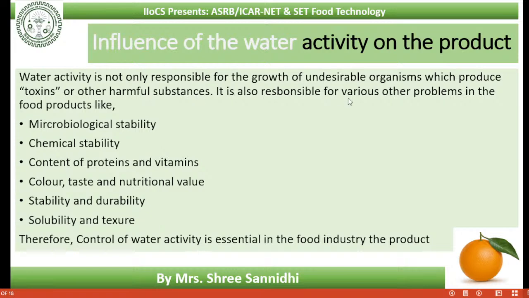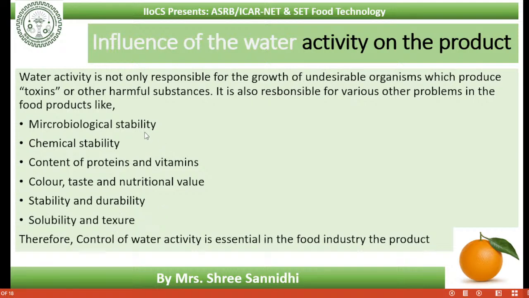It is also responsible for various other problems in food products, like microbiological stability, then chemical stability, which involves the Maillard reaction, then content of proteins and vitamins, then color, taste and nutritional value, then stability and durability of the food product, and solubility and texture of the food product.